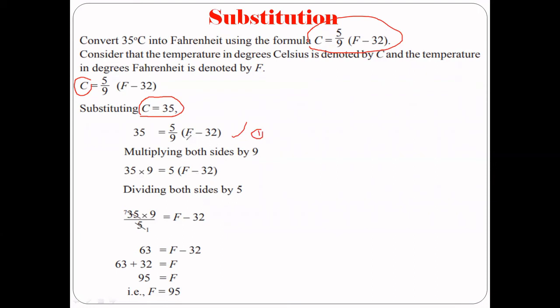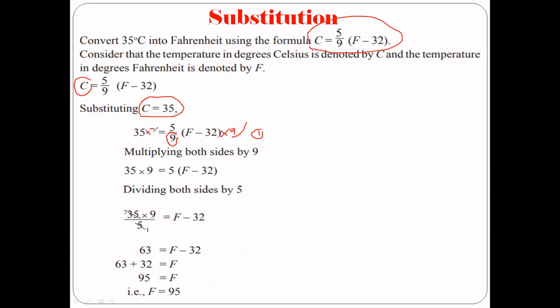After substitution, you have to simplify step by step and get the answer for F. You have to remove this 9. How to remove this division by 9? Multiply both sides by 9.